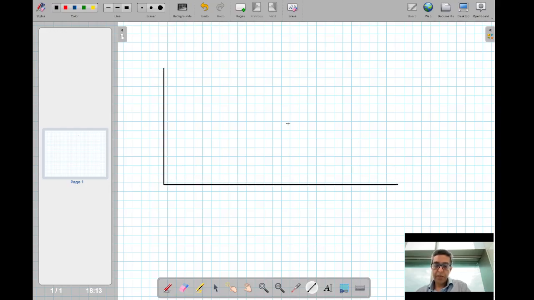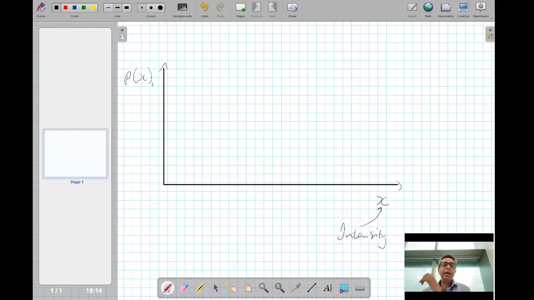So here is our axis, and along one axis here we are going to represent intensity by the variable x. So x represents intensity, and along this axis here, the y-axis, we're going to have p of x.